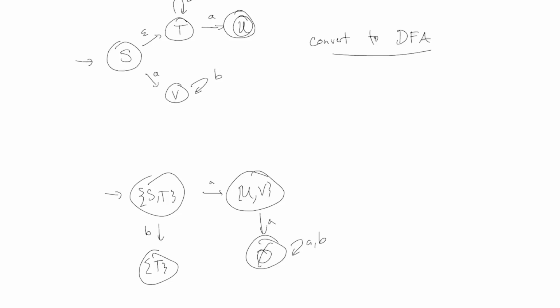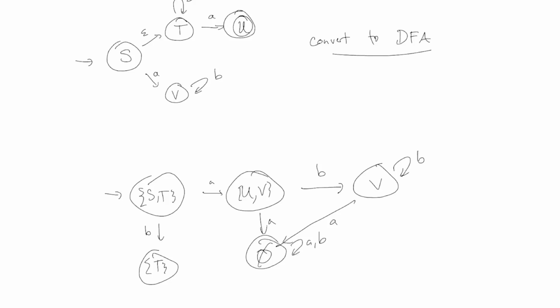Okay, from the UV, when I do B, the only way to go is just to V. So I'm going to put, I hope I'm not going to have to cross the arrows, a B goes out like that. In state V, I believe A goes nowhere, so that's down to the empty set state, and B goes back to itself. So that's easy enough.